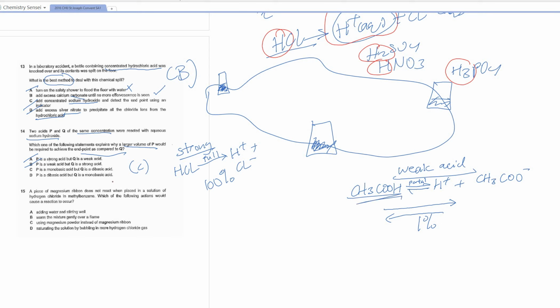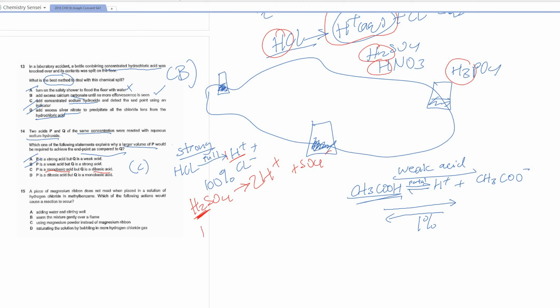Why is option C the correct answer? Because P is a monobasic acid and Q is a dibasic acid. What's the meaning of monobasic acid? Monobasic acid refers to acid that dissociates to form 1 mole of H plus. For dibasic acid such as sulfuric acid, it dissociates to form 2 H plus, because there are 2 H atoms over here. How about tribasic acid?